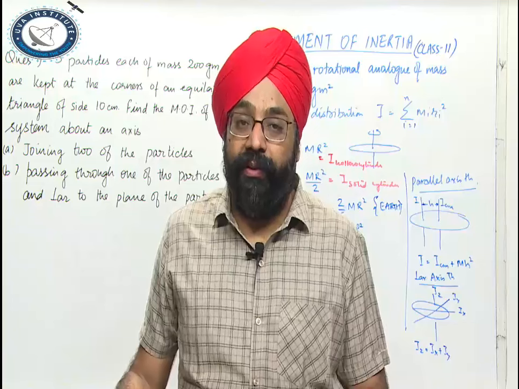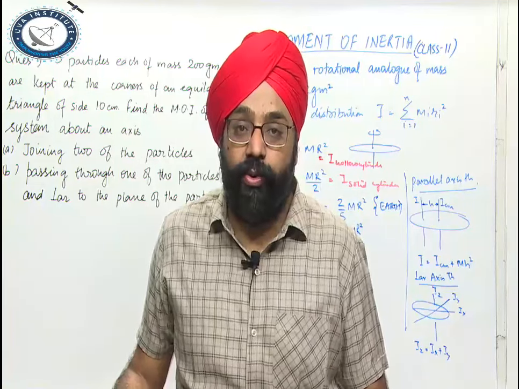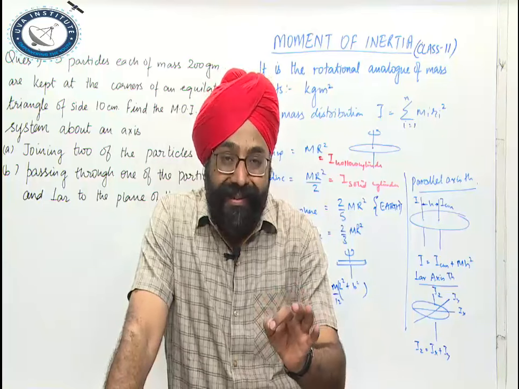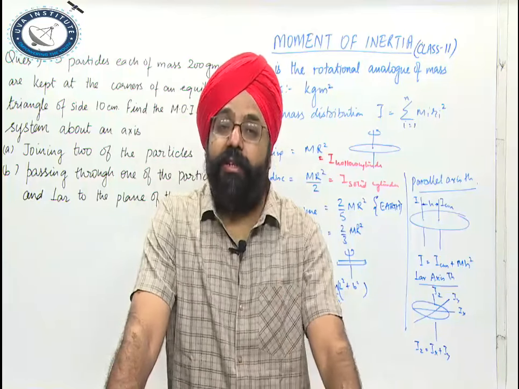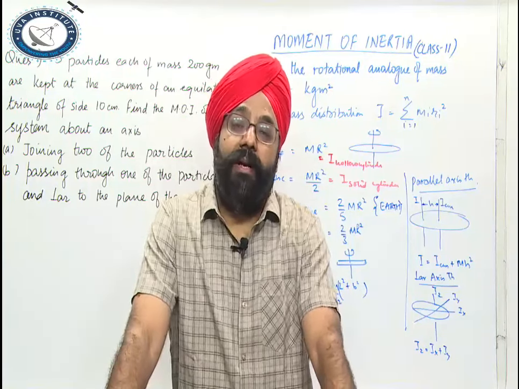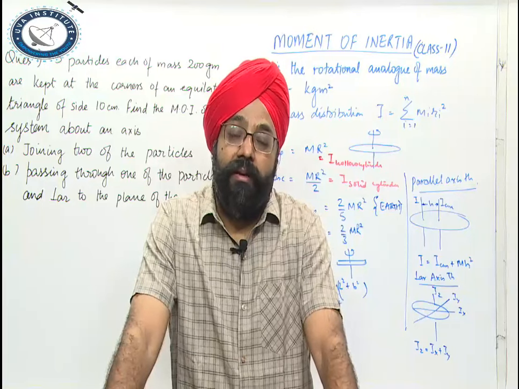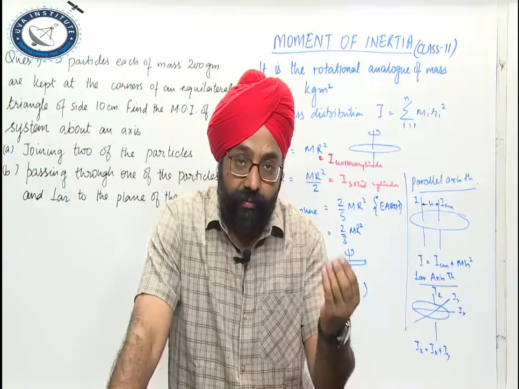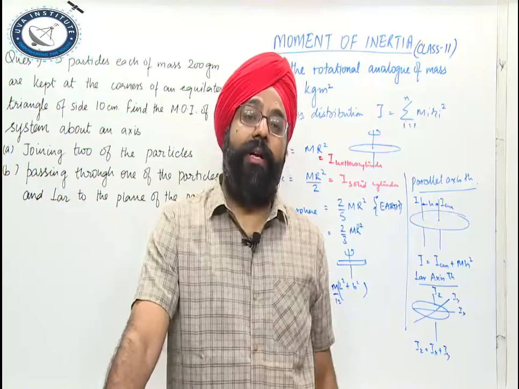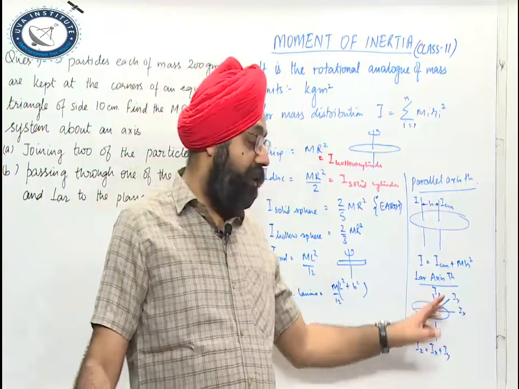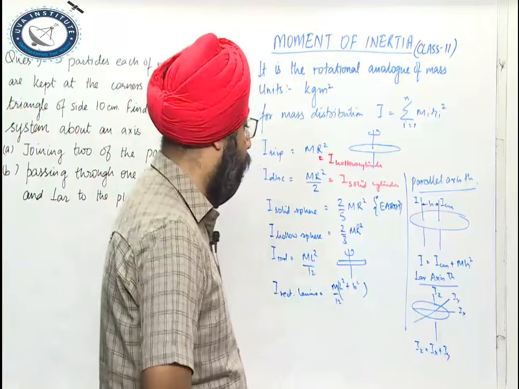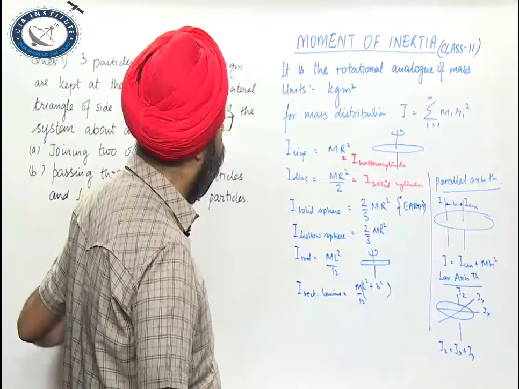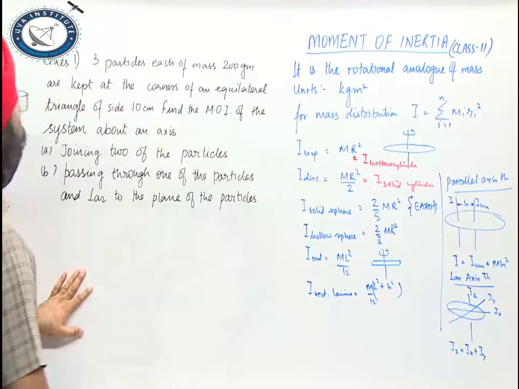Moreover, both of them must pass through the center of mass. Iz should also pass through the center of mass. It must be perpendicular to the plane of the lamina, meeting the point where the x and y axes pass. So keeping these things in mind, you can use this formula.